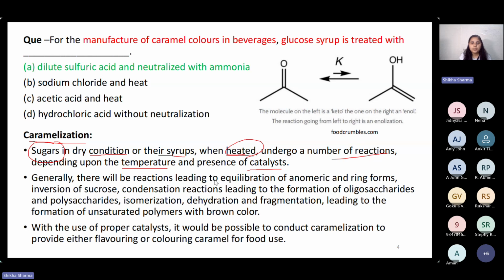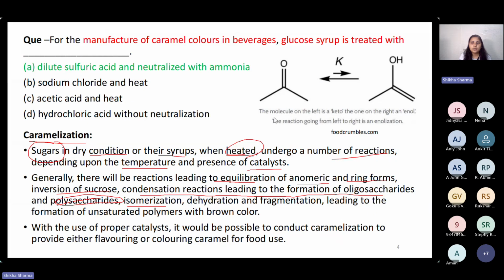Generally, there will be reactions which lead to the equilibration of anomeric and ring forms, and also the inversion of the sugars, then condensation reactions leading to the formation of oligosaccharides and polysaccharides, then isomerization.